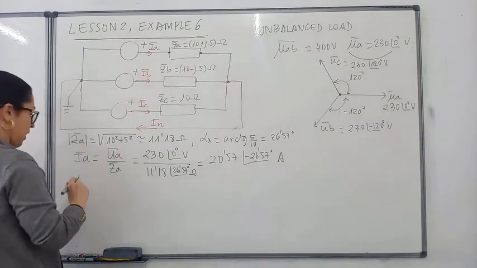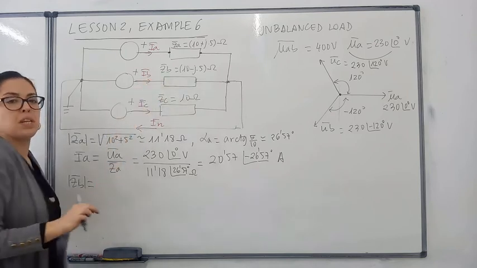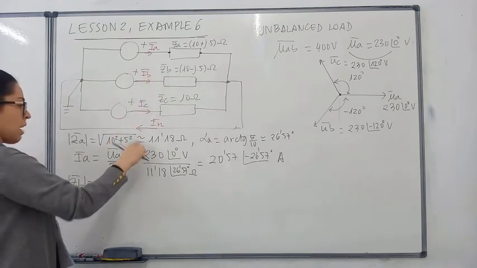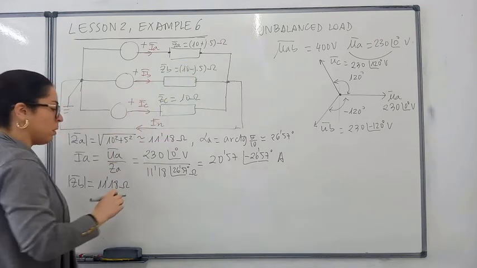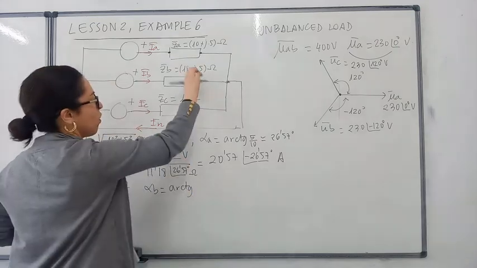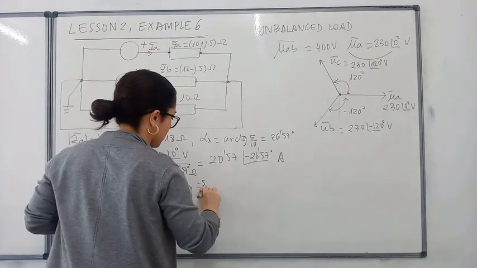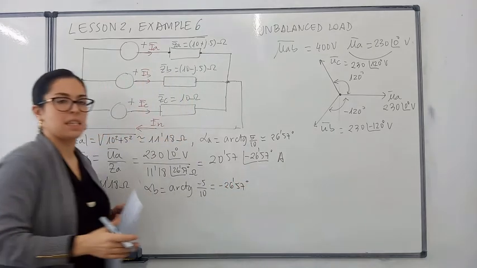For obtaining line current B, first we need to express this impedance in polar notation. The absolute value is the same as in impedance A, but the angle is different. In this case, we have arctangent of minus 5 divided by 10, which gives the same angle as before, but now negative.